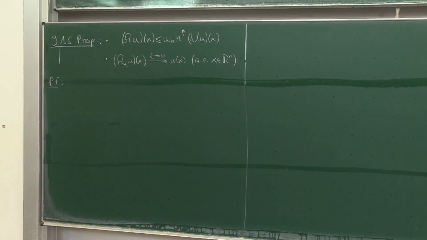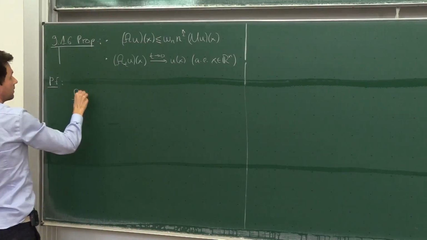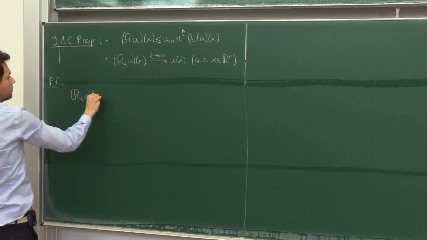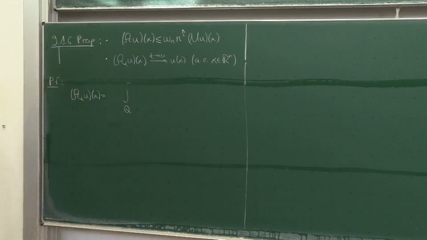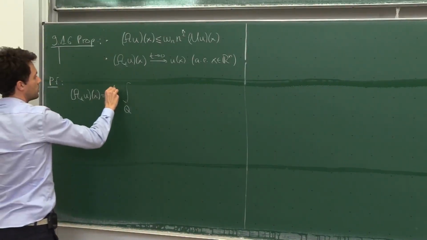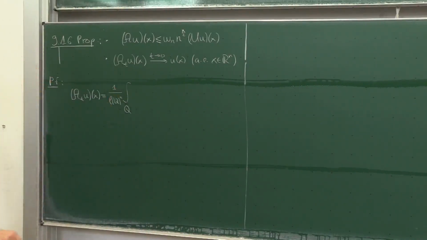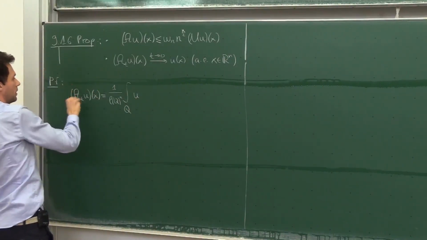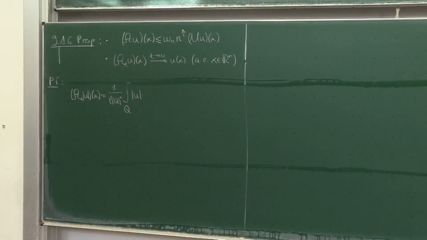The proof is not complicated. Look at the first statement. This is a sup over all scales, so let's work at a fixed scale first. A_t u of x is the integral average on some cube, so it's 1 over the measure of the cube, which is the side length of the cube to the power n, times the integral of the absolute value of u.